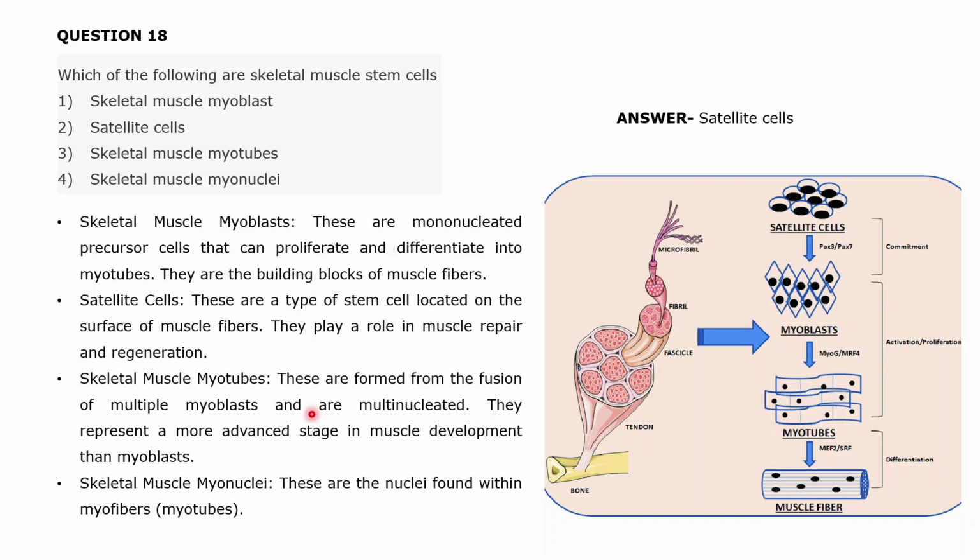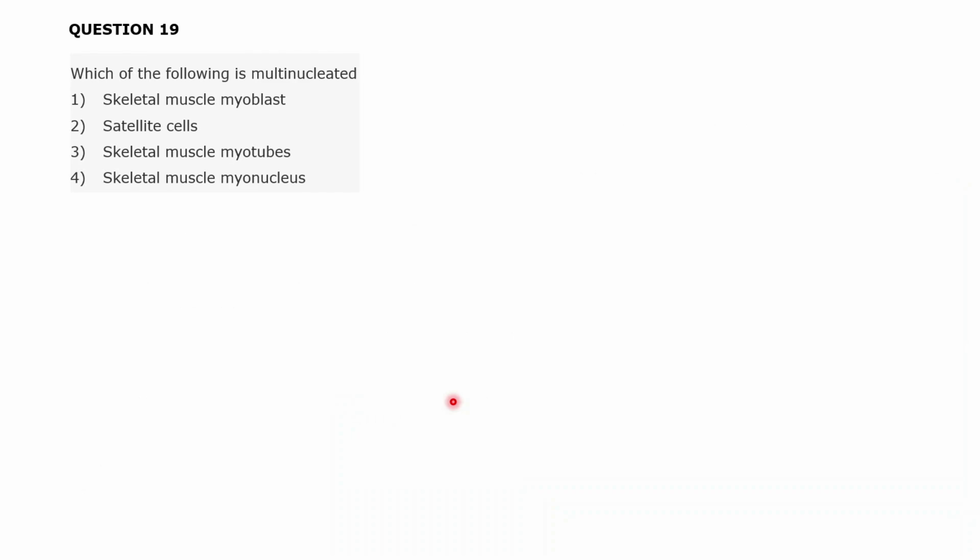So these are formed by the fusion of multiple myoblasts, as discussed here, and are therefore multinucleated. So the answer to this question, which of the following is multinucleated, is skeletal muscle myotube. Does anyone have any doubt regarding this? So basically, multinucleated means the nucleus that you are referring to is the myonucleus, skeletal muscle myonucleus.